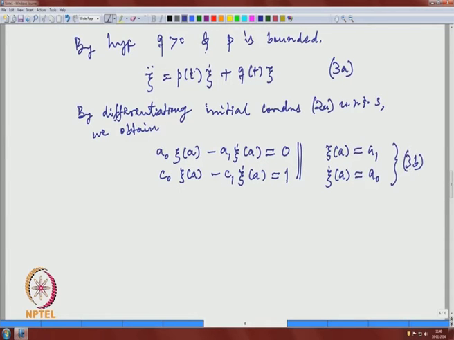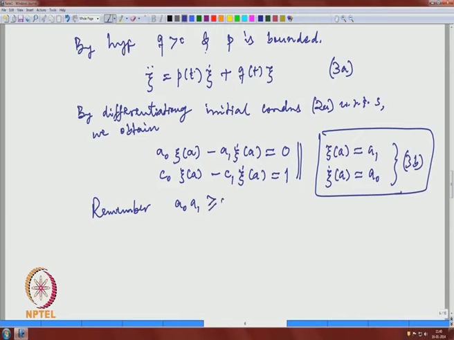Okay. Now, just concentrate on this condition and remember A0, A1, they have the same sign and they do not vanish simultaneously. So, let us fix, the other case is similar, assume A0 is non-negative and A1 is non-negative.